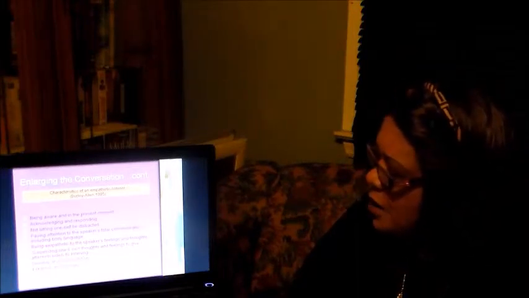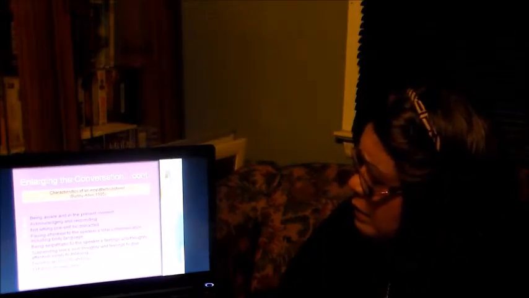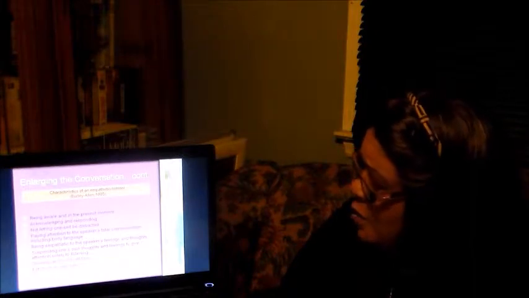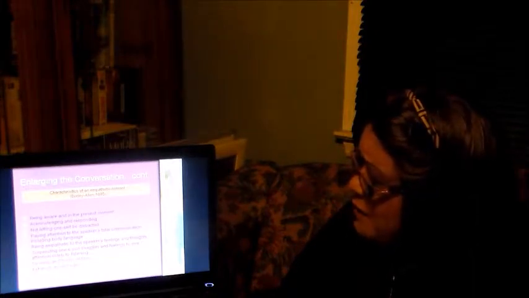And I need to pay attention to the speaker's total communication, including their body language. I have a problem in that area because I don't really pay attention to the body language or give the speaker my total attention. And that is a huge area also that I need to work on. Suspending one's own thoughts and feelings to give attention solely to the speaker.